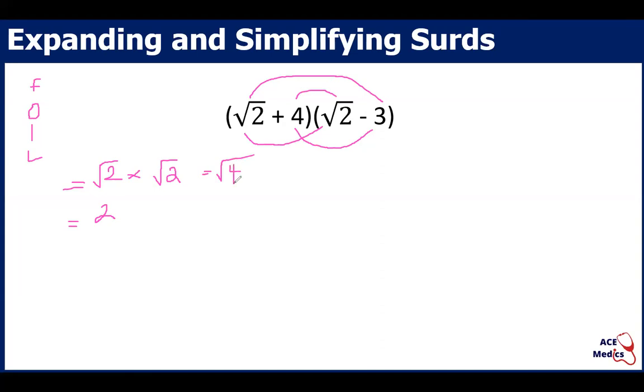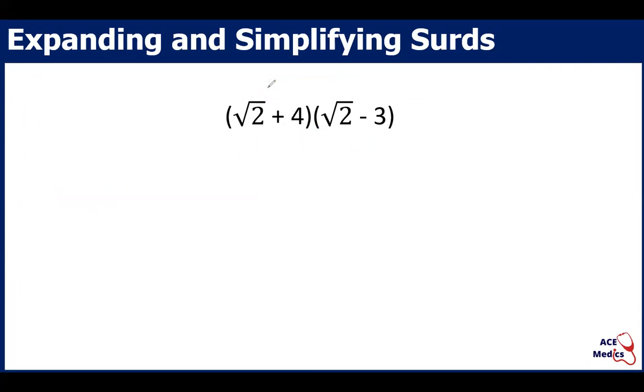So that's our firsties. Our outies then, I've really not made this very clear, have I? Let's start this again. So our firsties were root 2 times root 2.